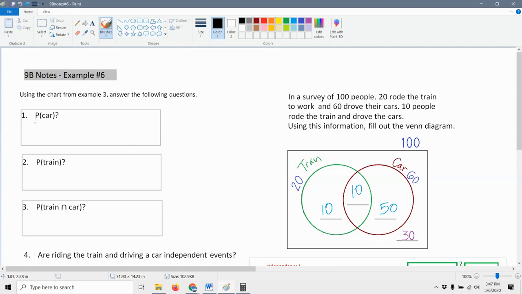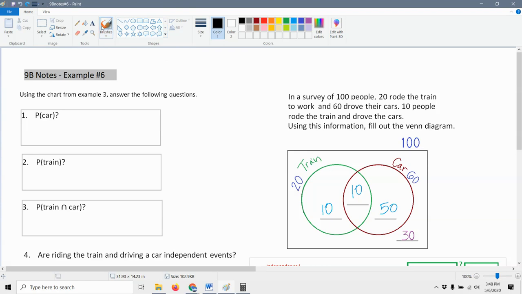So let's just go through this problem. The first part of the problem wants to know what's the probability that someone in our sample space drives a car to work. Okay? Survey of 100 people. So here's our big total of everyone in the sample space.